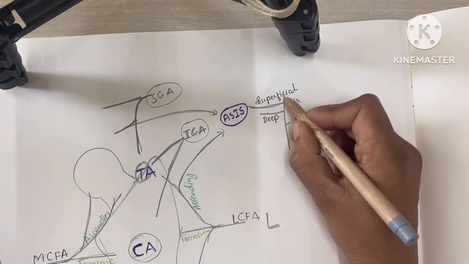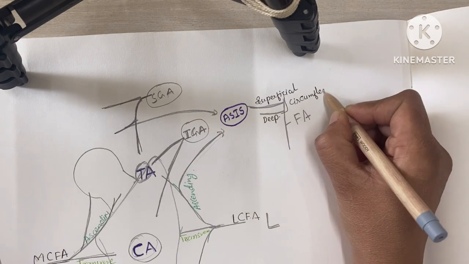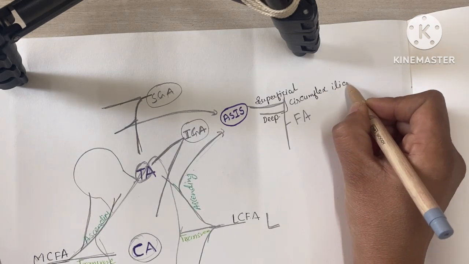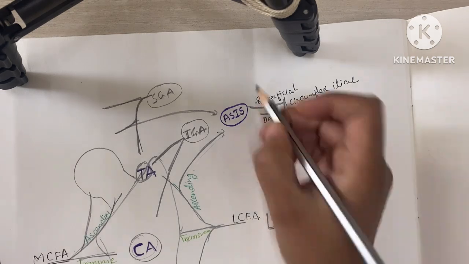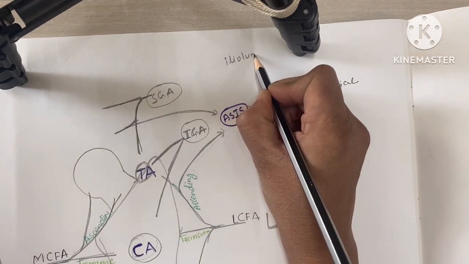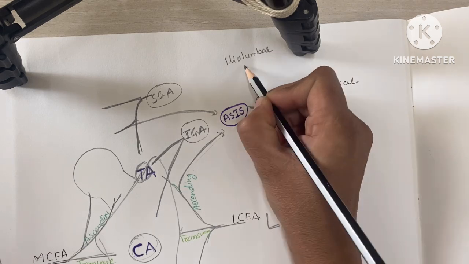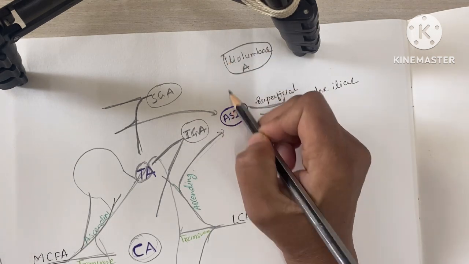These are the branches of the femoral artery. And a branch from the iliolumbar artery, which is a branch of the internal iliac artery.